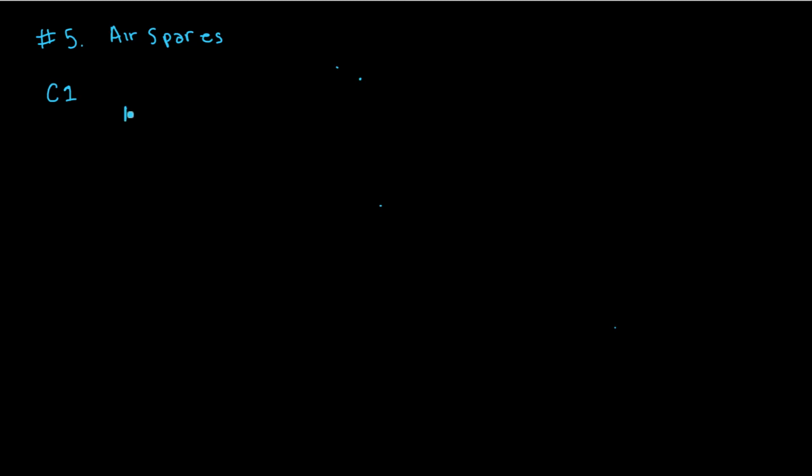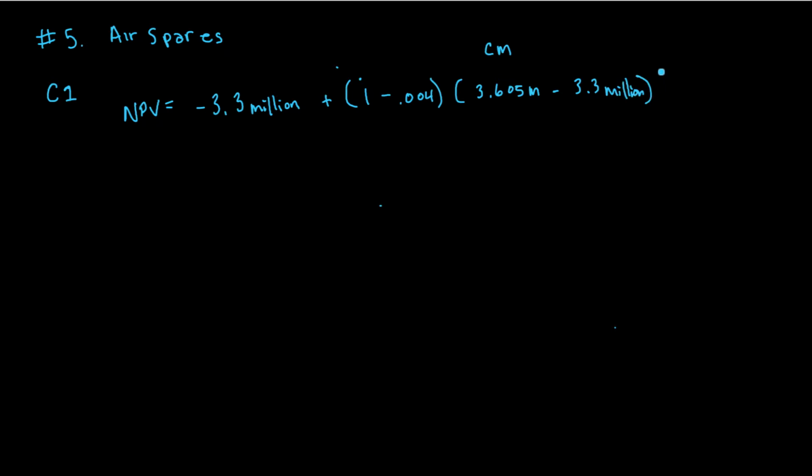So we're going to start with NPV, net present value, equals our outflow, which is 3.3 million, plus 1 minus the default rate, which is 0.004, times, now remember in class we mentioned we're going to use our CM, which is our sales, 3.605 million minus 3.3 million divided by 1.039, which is our required return.